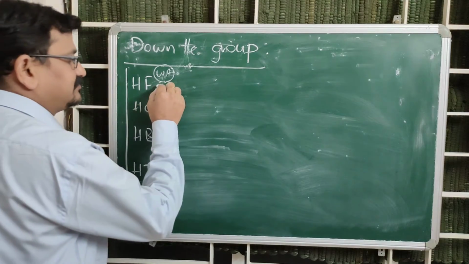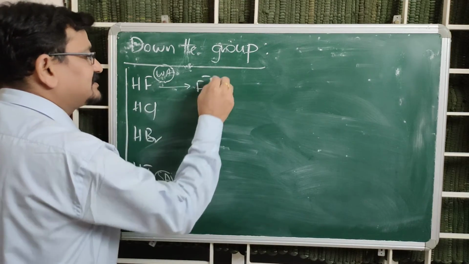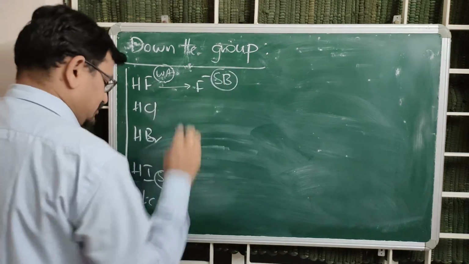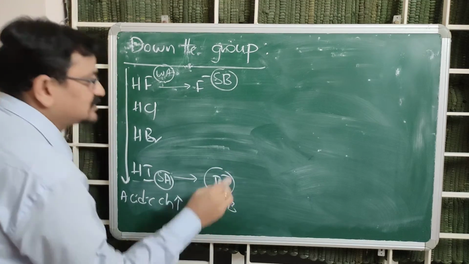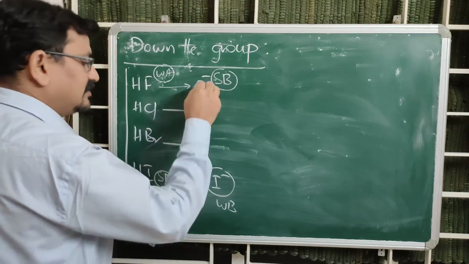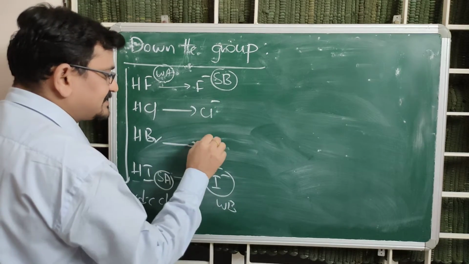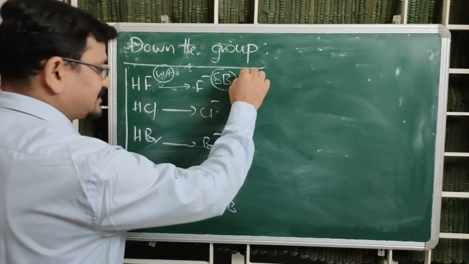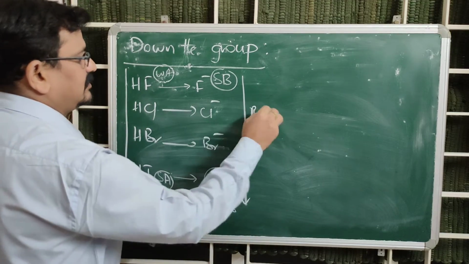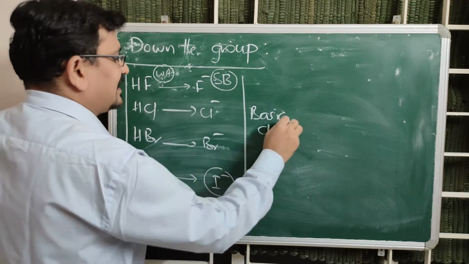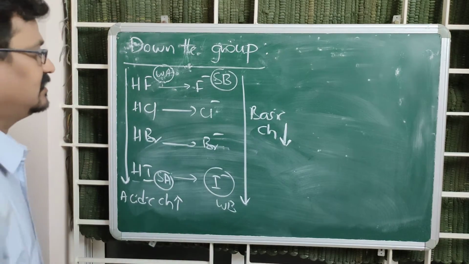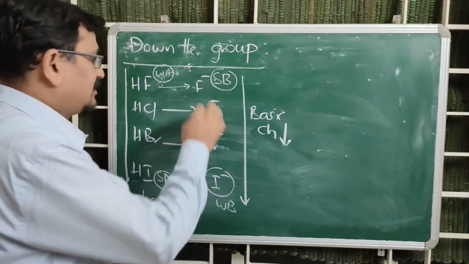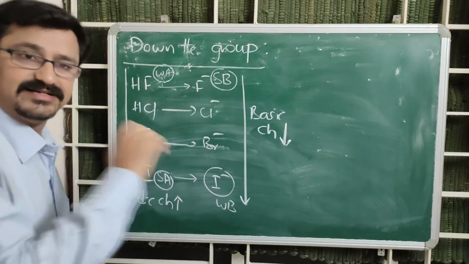As HF is a weak acid, its conjugate F minus is a strong base, and its conjugate I minus is a weak base. So down the series from F minus, Cl minus, Br minus and I minus, basic character is decreasing. We can simply predict this with respect to the conjugate acid-base theory.